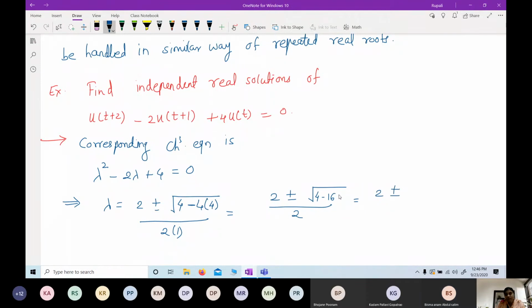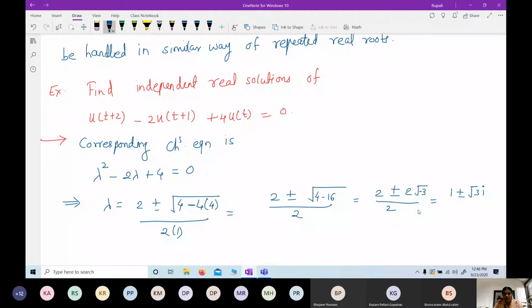Under root 4 minus 16, or I can take 4 outside: 4 minus 1 will be 3. So 2 times under root 3, divided by 2. So it is 1 plus or minus under root of minus 3, which is root 3 times i.